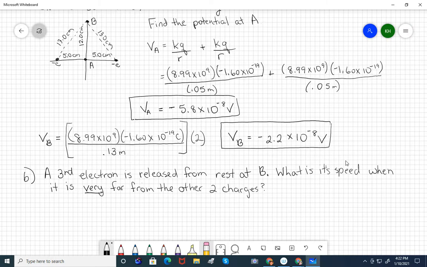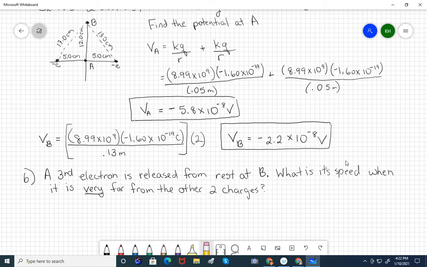Okay, that kind of seems puzzling because that's kind of vague. How fast will it be going when it's really far? We can think about it with a little common sense here. If I put a little negative electron right here, it's going to go that way.